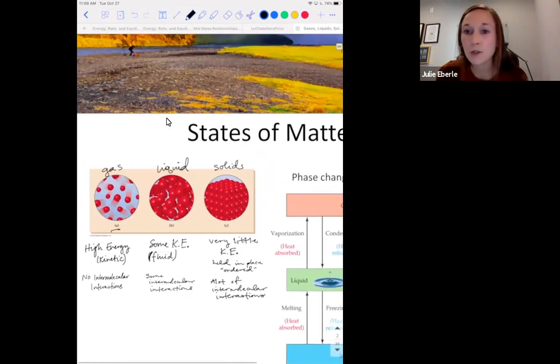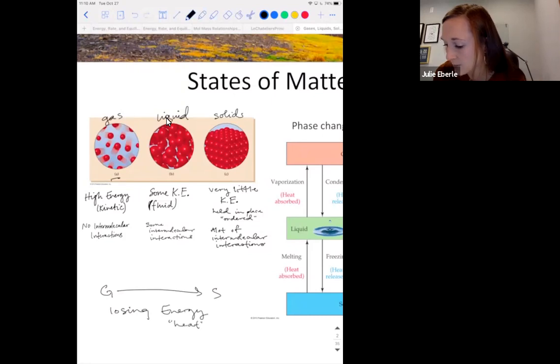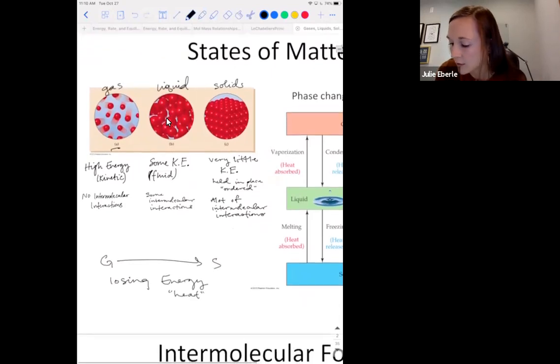So I want you to definitely see a trend here. As you go from gas to solid, we are losing energy. Remember, same word as energy, you could say heat as well. And as you go from gas to solid, so that's one thing.